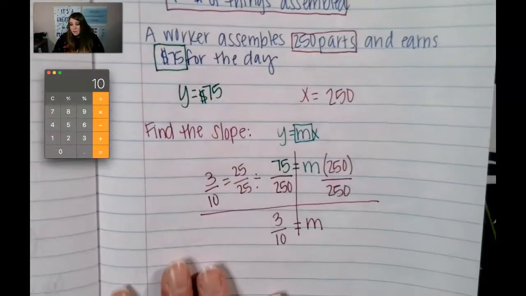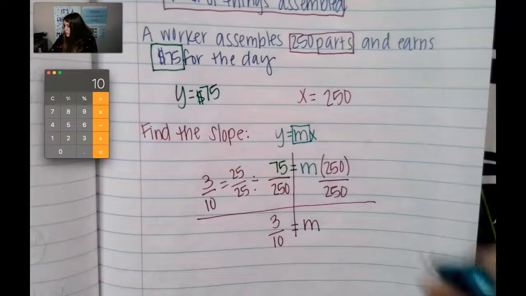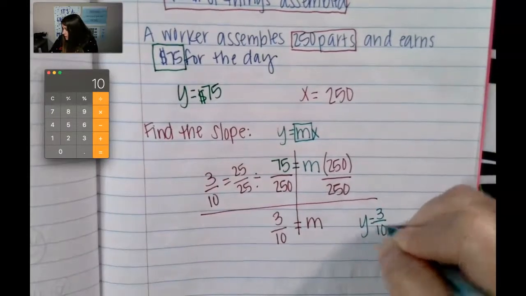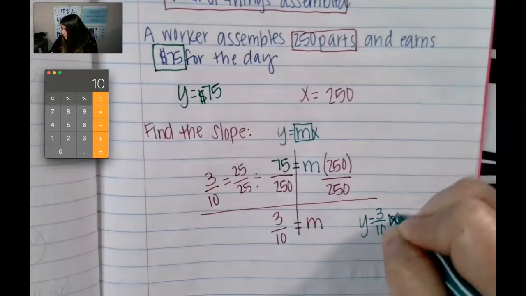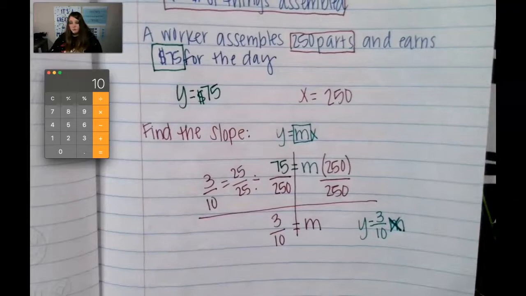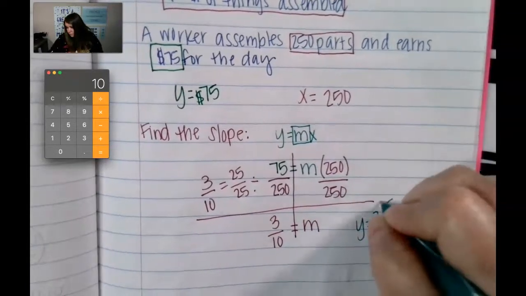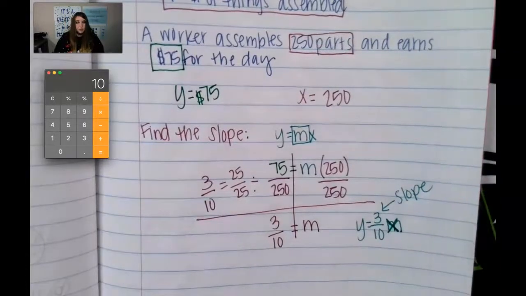So my equation now, the equation that I found, is y equals 3/10 x. That is an x. 3/10 x, not m. This is the m. This is your slope. That's your constant of proportionality. That's how much of a change happens.